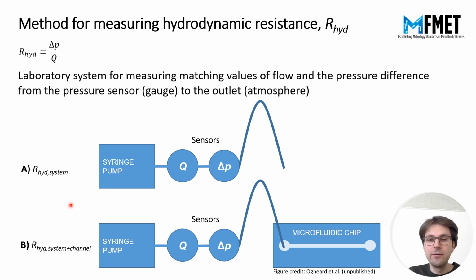Then there's another configuration where the system is used together with the device under test. In this example, it's a microfluidic chip. And then you determine the hydrodynamic resistance of the combination of the system and the device under test.